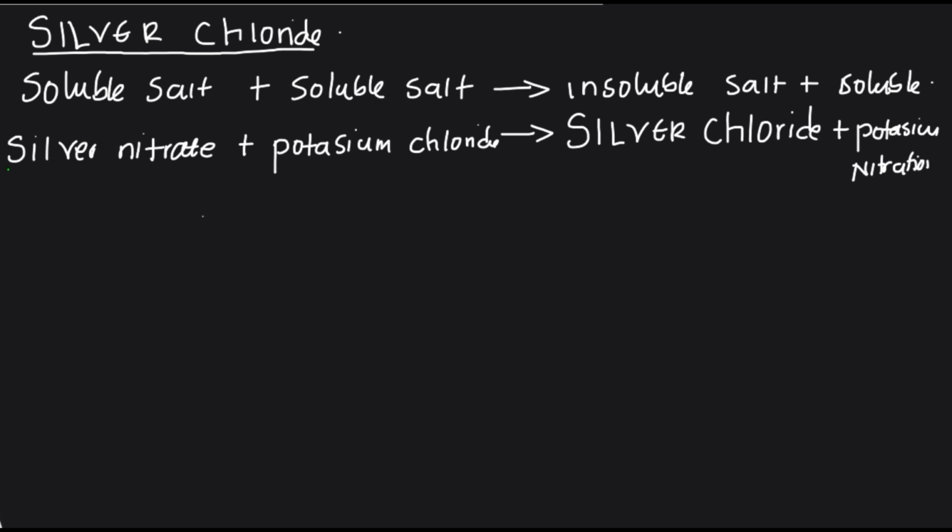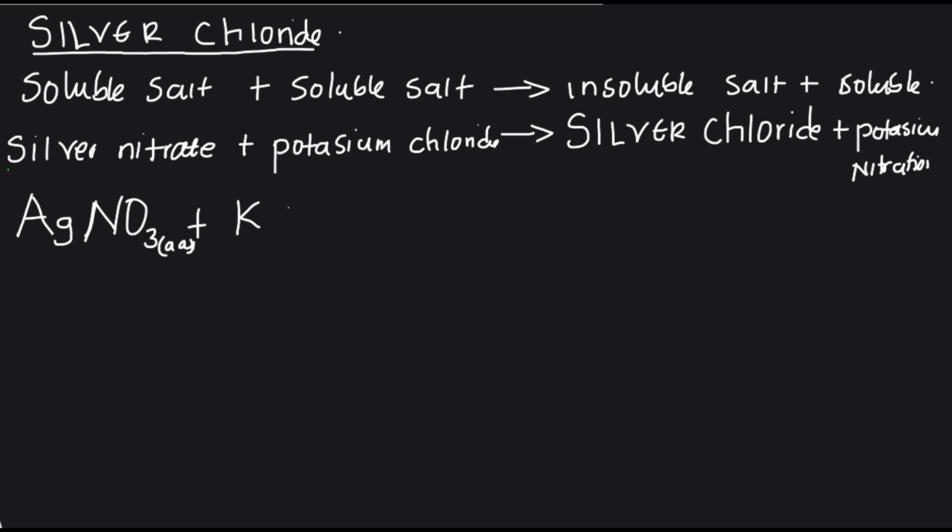Now let's convert this into a chemical equation. The chemical symbol for silver is Ag. Typically it has a valence of 1, so we just put it like this. We are not going to enclose it in brackets.